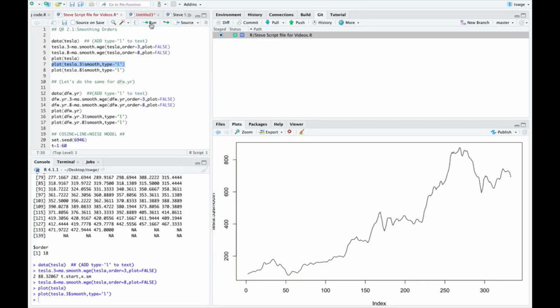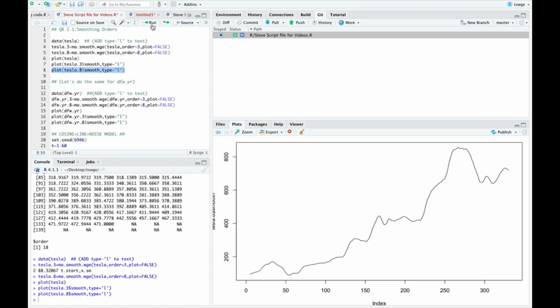Order 3 is not very high, so all it really did was shave off that fluctuating piece, and otherwise looks pretty much the same. Well, what happens when you go up a little higher, as in order 8? If we look at an order of 8, it's going to remove even more of that fluctuation and look like this. So that makes sense. It's just showing us that the higher the order, the more the smoothing.